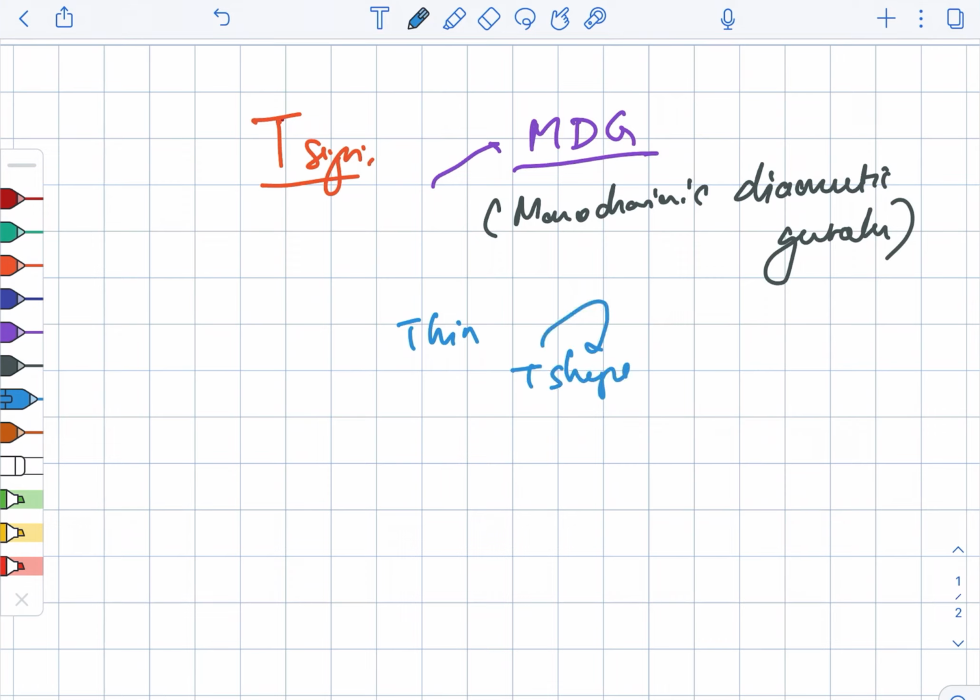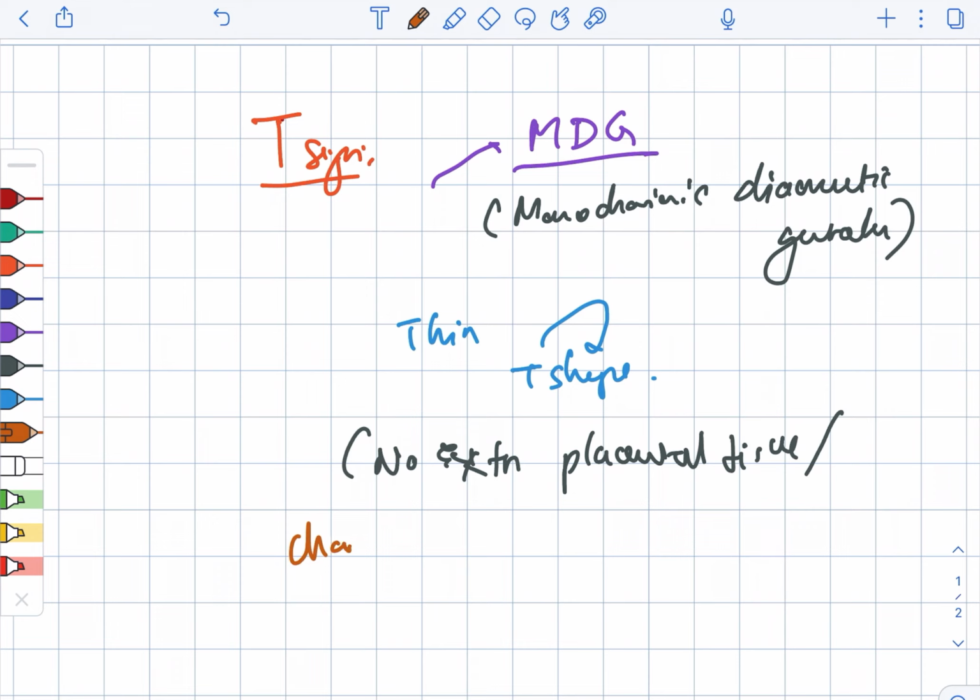It is T-shaped. Why is it T-shaped? Because there is no extension of the placental tissue or the chorion in between the amniotic membranes.